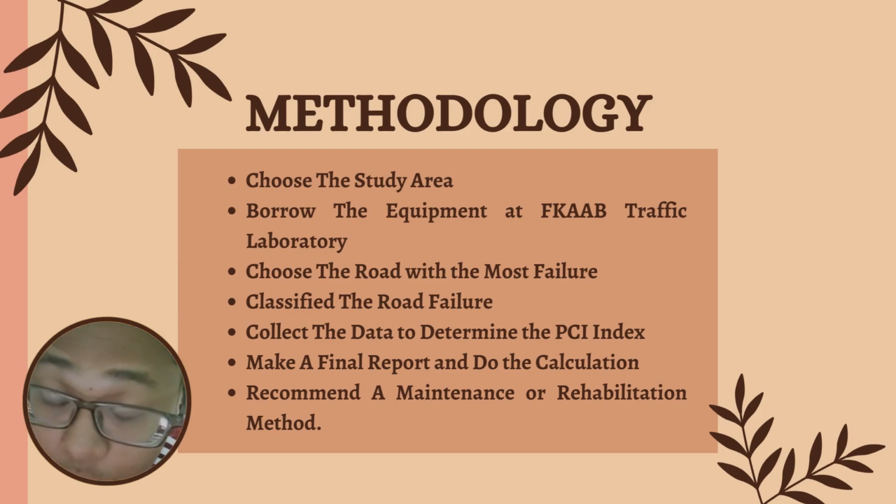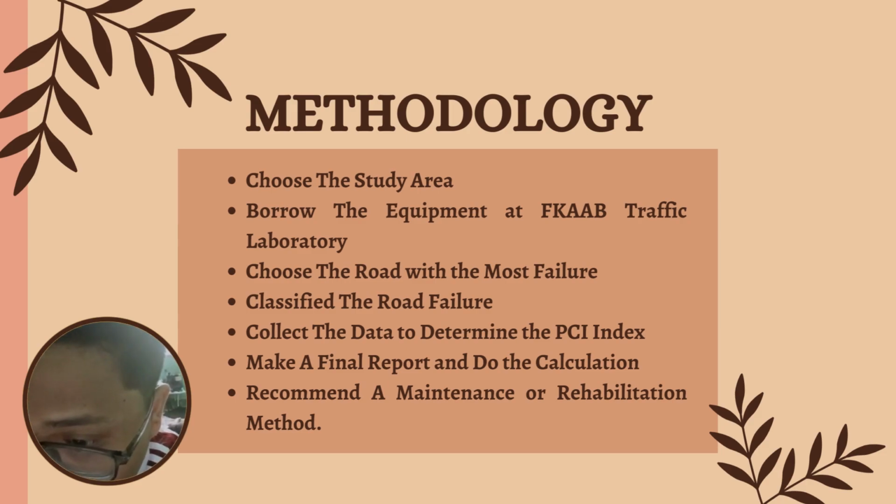Then we choose the road with the most failure as our first section, and we need to classify all of the types of failure at that section, and then we jump into the next section by an interval of 2. We need to collect the data to determine the PCI index, and then make a final report and do the calculation.